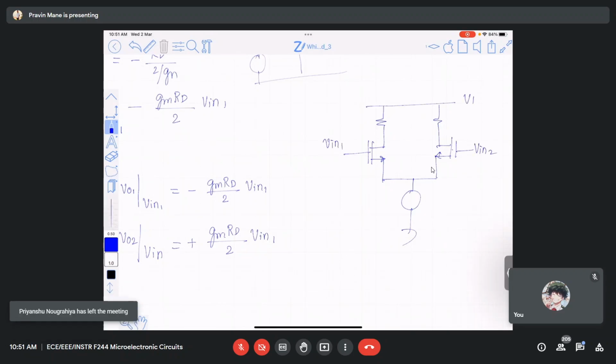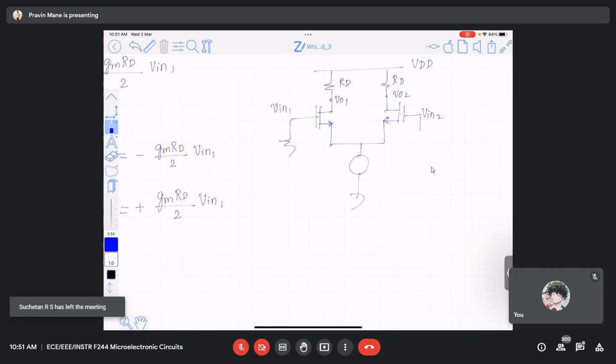This is VDD, this is VO1, this is VO2, this is RD. I consider this grounded and find out VO1, VO2. Next, this is connected to ground and V in 2. Can you tell me what will be VO2 because of V in 2? So minus GMRD by 2 into V in 2.